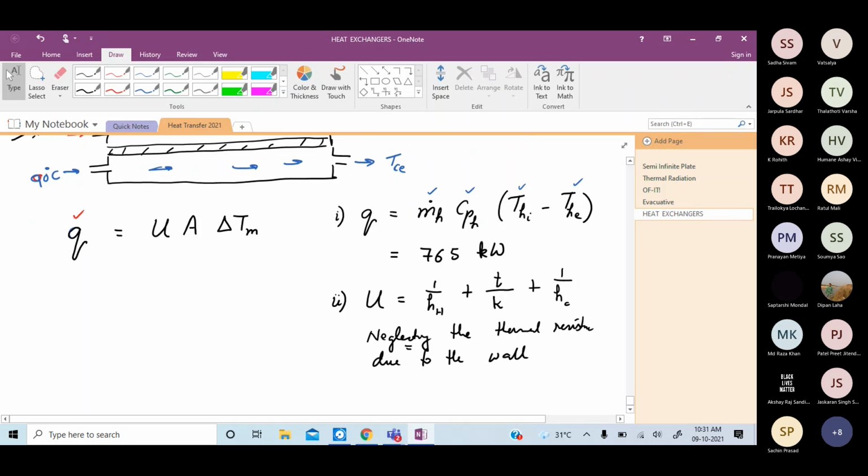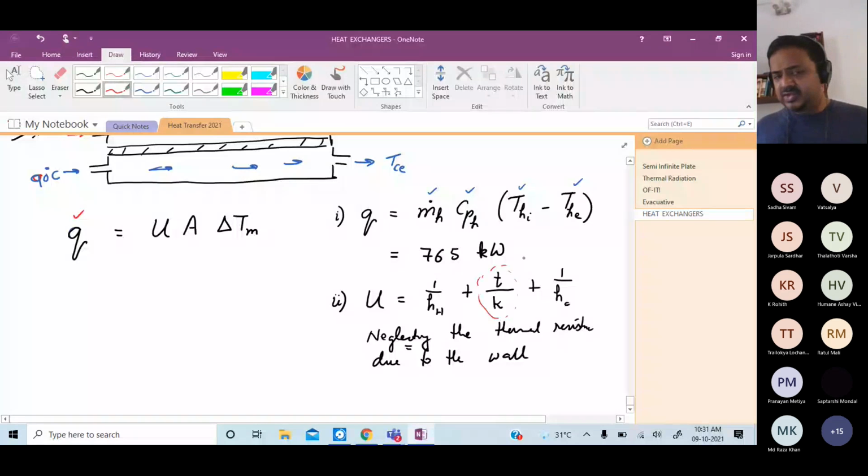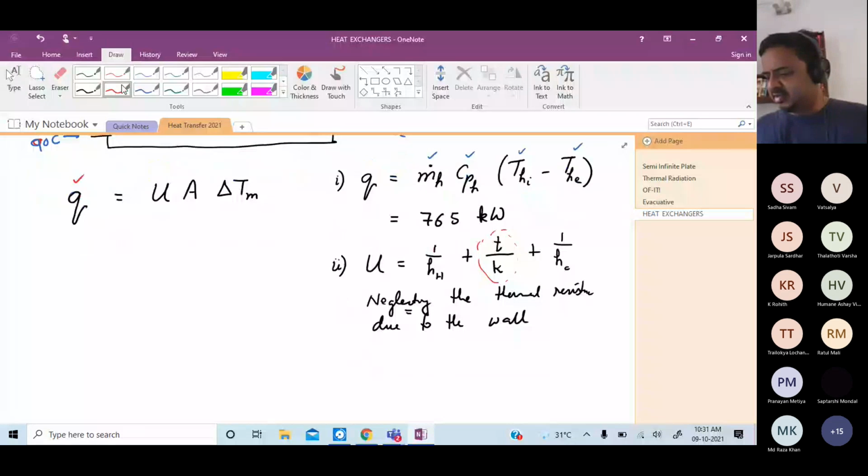And typically the walls are made of copper or aluminum, some good conductor of heat, and as a result this contribution of the second term is typically negligible. This one. If you neglect that, sorry, 1 over U, right?